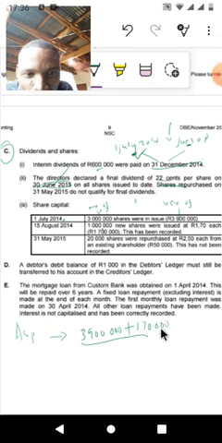So on top, you focus on the values, not number of shares: 3,900,000 and 1,700,000. Now underneath, that's where you write number of shares. At the beginning, the number of shares is 3 million, and on the additional shares issued, the number of shares is 1 million.